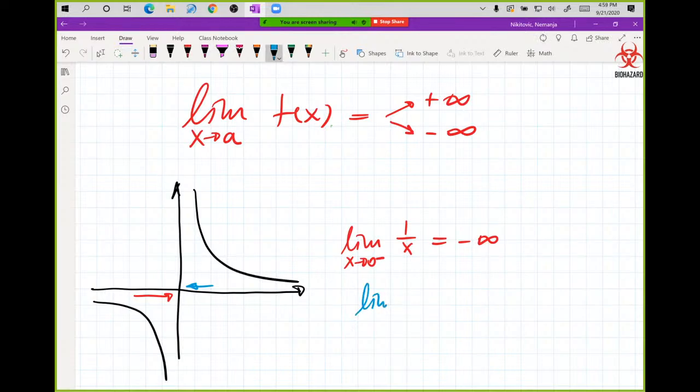And Romeo said the limit as x goes to 0 plus of 1 over x equals positive infinity. And then they disagreed, which led us to say there is no limit. So it's a very simple concept. It doesn't take much thinking to understand what happens here.